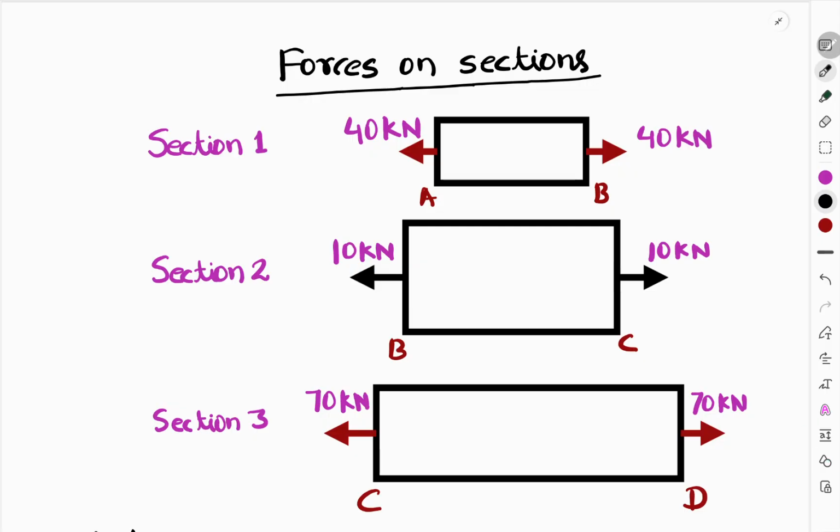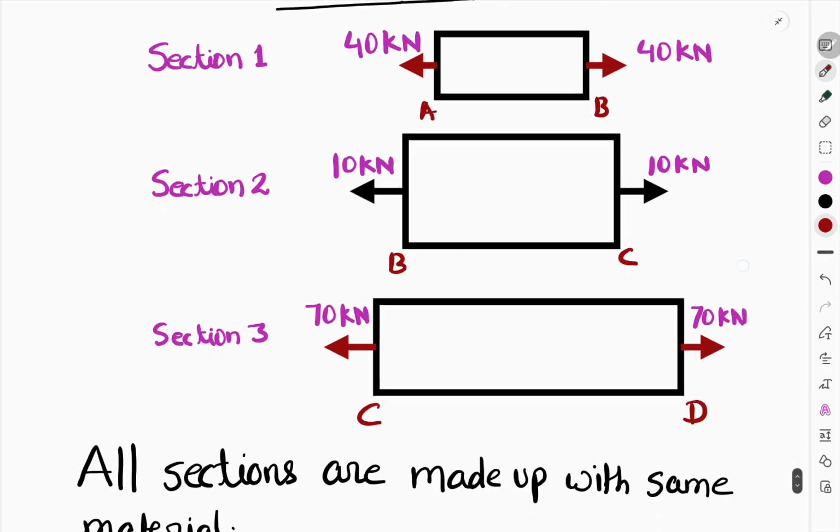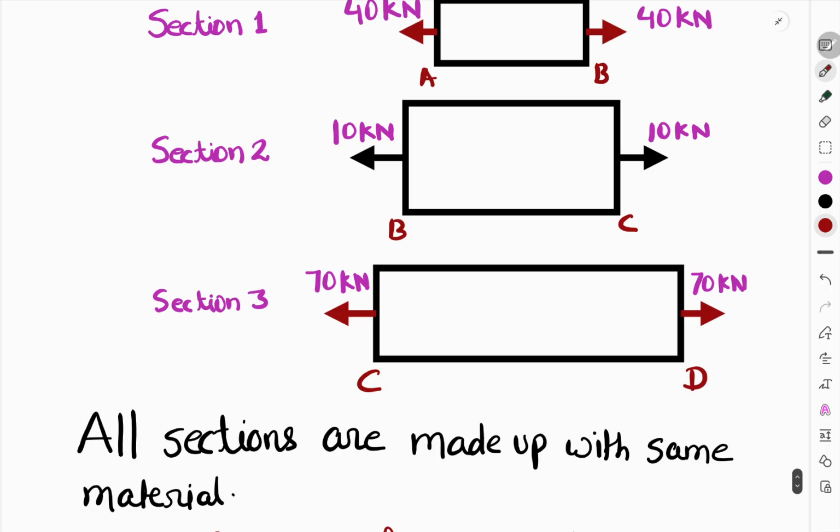Now the load at section 1 is 40 kilonewton, tangential in nature. Load at section 2 is 10 kilonewton, tangential in nature. Load on section 3 will be 70 kilonewton, which is tangential in nature.